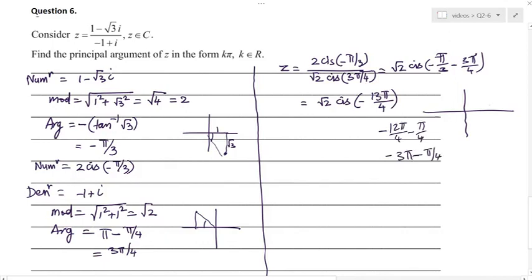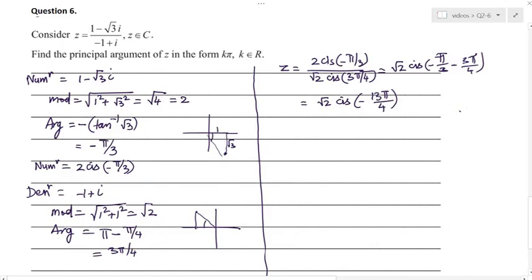So you start in the negative direction and go by 3 pi: 1 pi, 2 pi, 3 pi. And then you go further pi over 4. So you come here. That's where your complex number z will be. Once we find the location, the argument is this angle. Looking at this, because this is pi over 4, we can say straight away that this argument is equal to 3 pi over 4. We could write that straight away, but we probably need to explain it by drawing the diagram here.